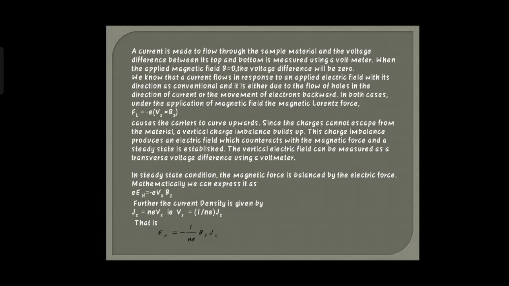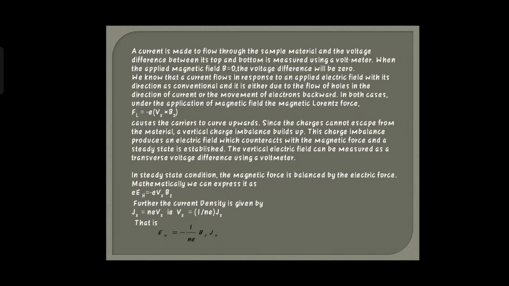So when a current is made to flow through the sample material and the voltage difference between its top and bottom is measured using a voltmeter, then if the applied magnetic field is zero, the voltage difference would be zero. When we have the current flow in response to an applied electric field, it is either due to the flow of holes in the direction of the current or the movement of electrons backward.